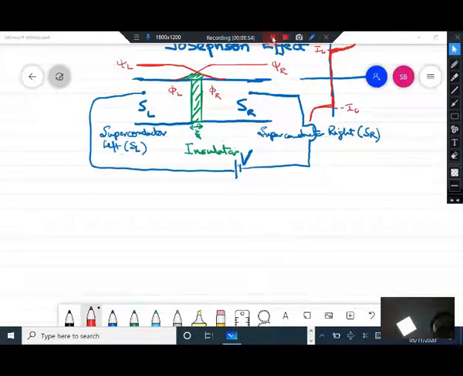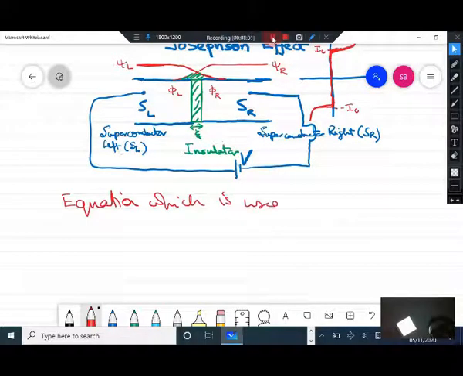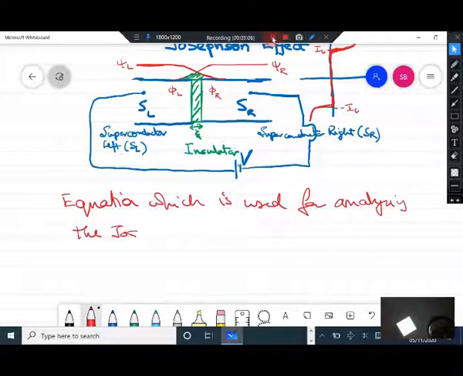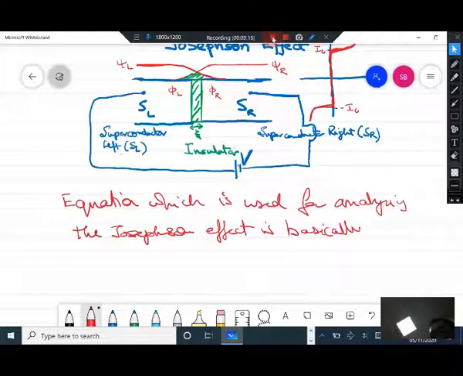Now, the equation which is used for analyzing the Josephson effect is basically i h-bar del psi by del t is equal to E psi.